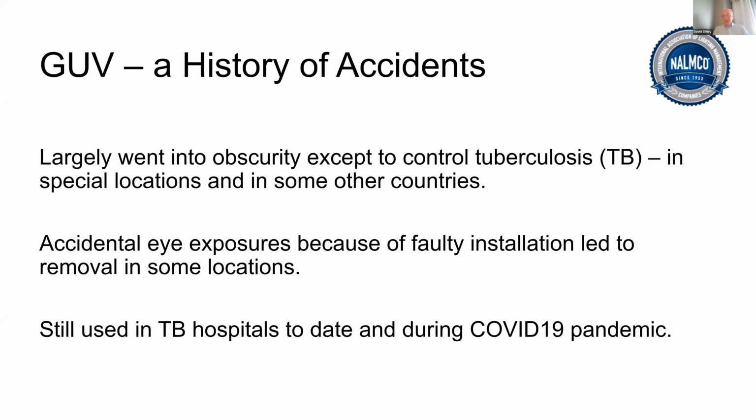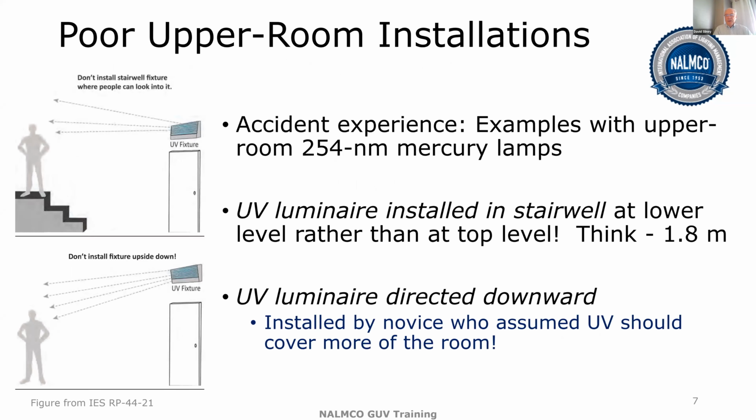And this led officials to simply remove this very effective risk control technology. But it still is used in TB hospitals, and it was used during the COVID-19 pandemic in a number of locations.